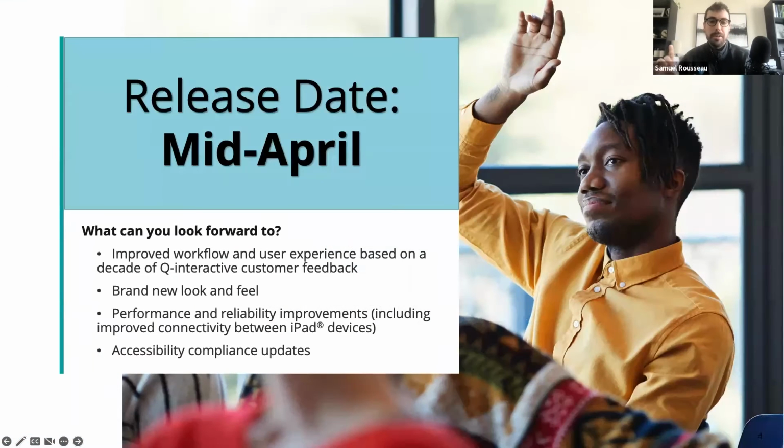So answering the first question that you probably all have, when is it going to be released? The release date in the US is mid-April. Why is this a big deal? Well, our current legacy Assess app was released way back in 2013. So this is over 10 years ago. We've certainly learned a lot in over 10 years.